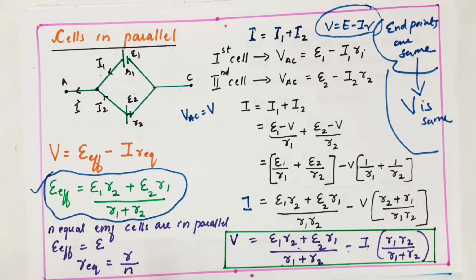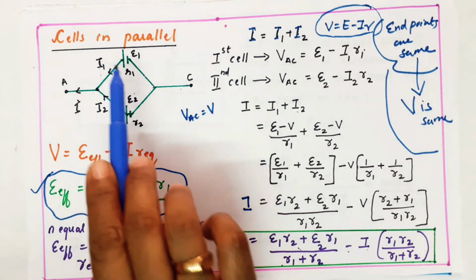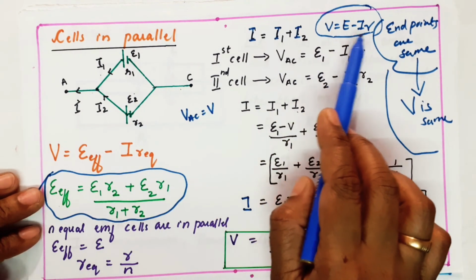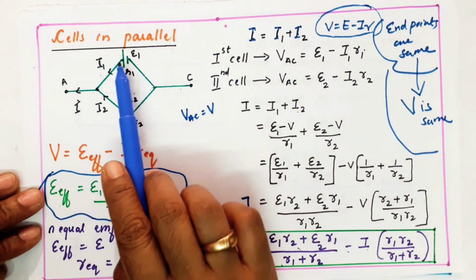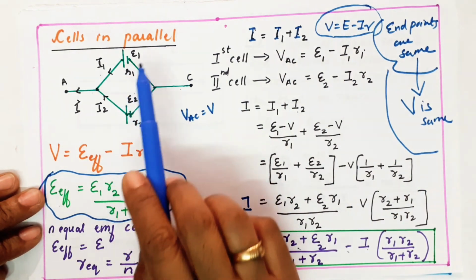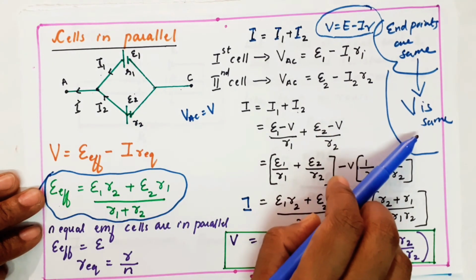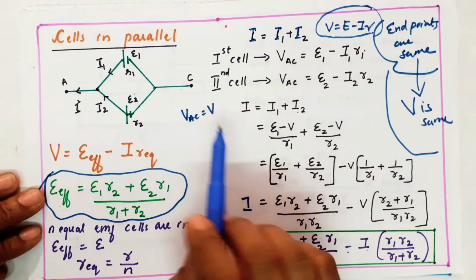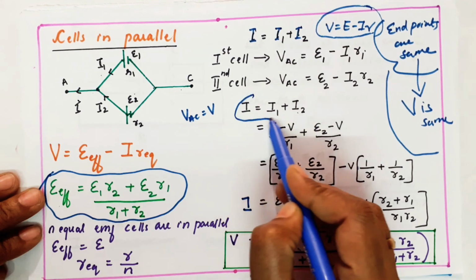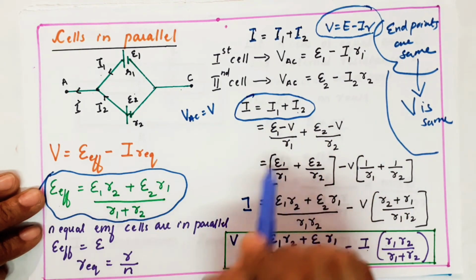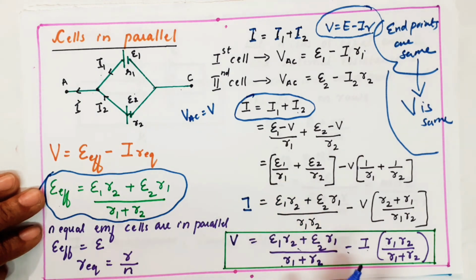So I need to repeat. I am talking about cells in parallel. I am taking two cells in parallel, and I use my standard equation V equal E minus IR. I found the potential difference of each cell. But as these two are connected in parallel, their potential difference is the same. With that concept, I use Kirchhoff's junction rule. I1 and I2 I calculated, arranged the terms.